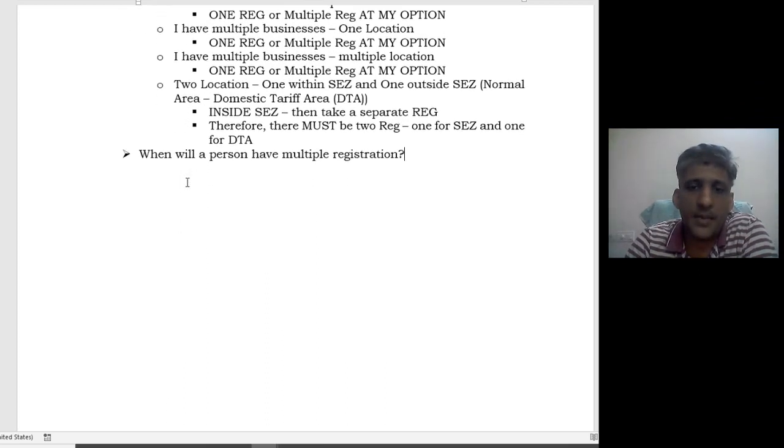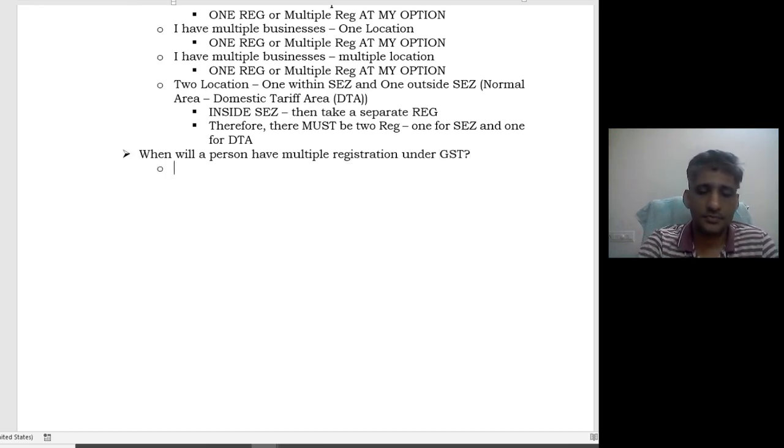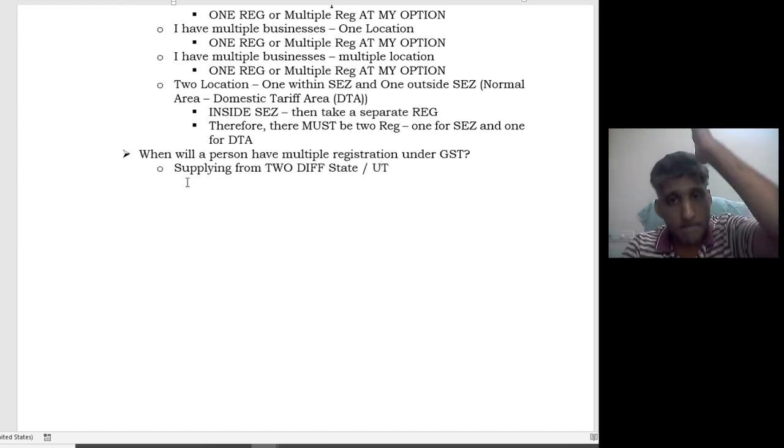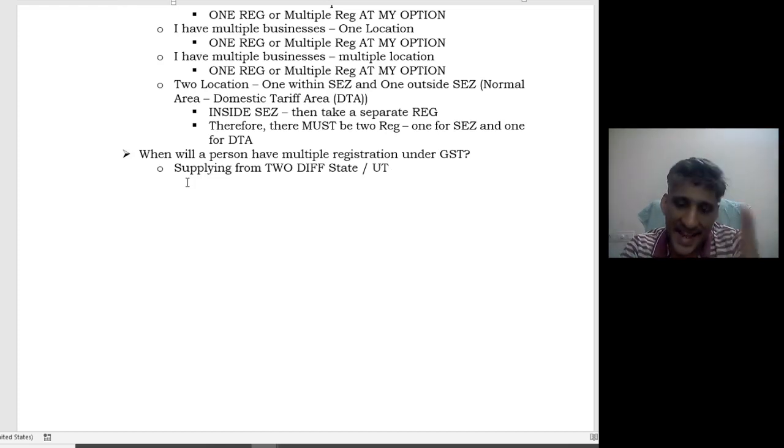When will a person have multiple registration under GST? What's the answer? Supplying from 2 different states or UTs. If I'm supplying from Tamil Nadu and Karnataka, I must compulsorily have 2 separate registrations.